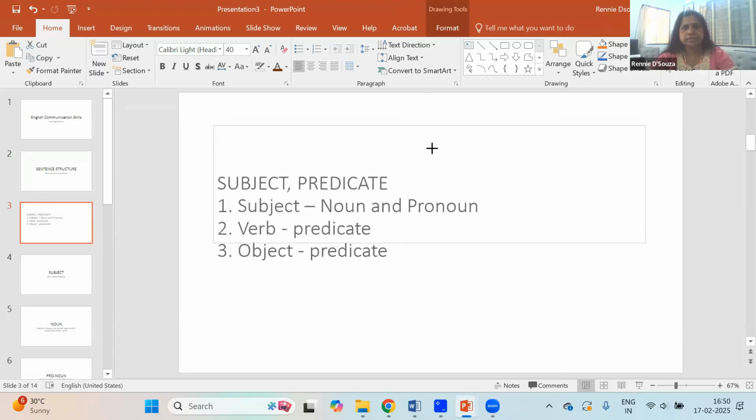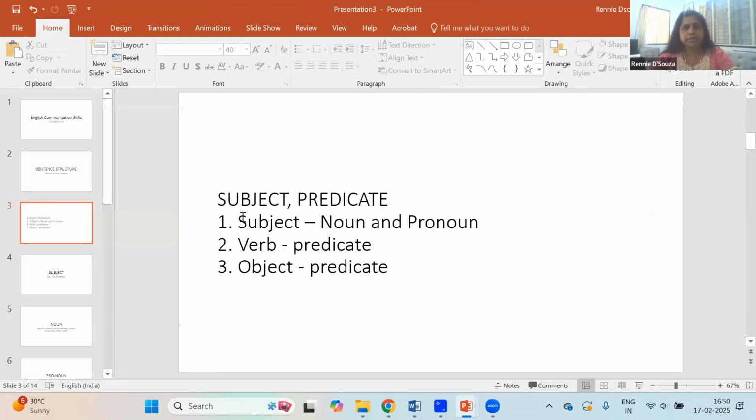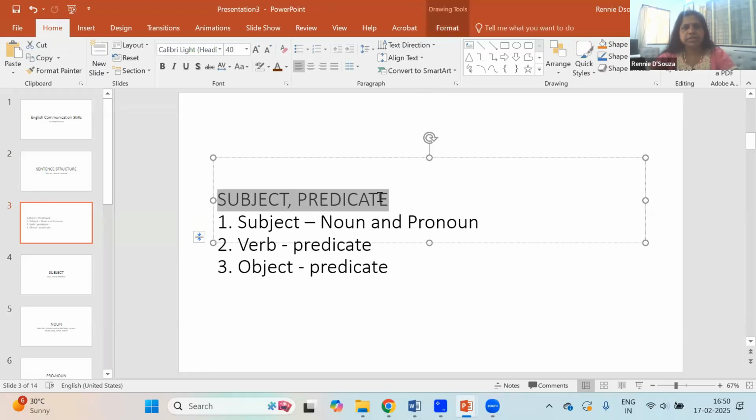Basically, verb and object come under the part predicate. So basically there are two parts in a sentence, subject and predicate, which consists of verb and object.